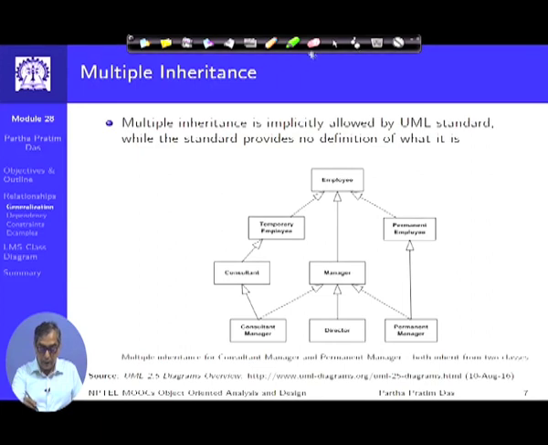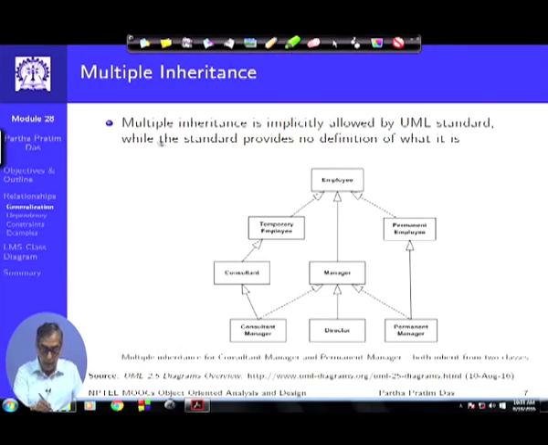Now, one point that I would like to highlight is that multiple inheritance as such is implicitly allowed by the UML standard, in the sense that since you can draw from one specialized class, you can draw multiple is-a relationship arrows to other classes. So, the multiple inheritance gets represented in a class diagram.